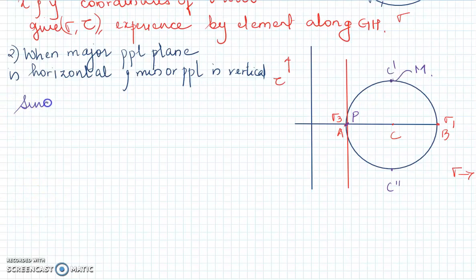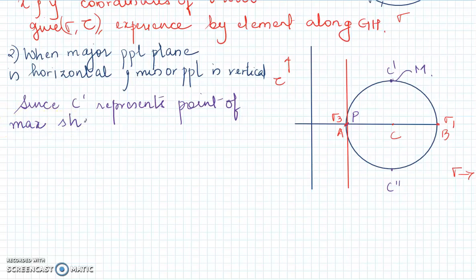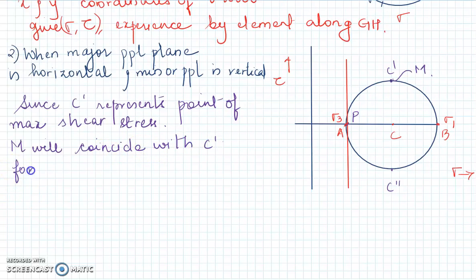Since C dash represents the point of maximum shear stress, N will coincide with C dash for max tau.